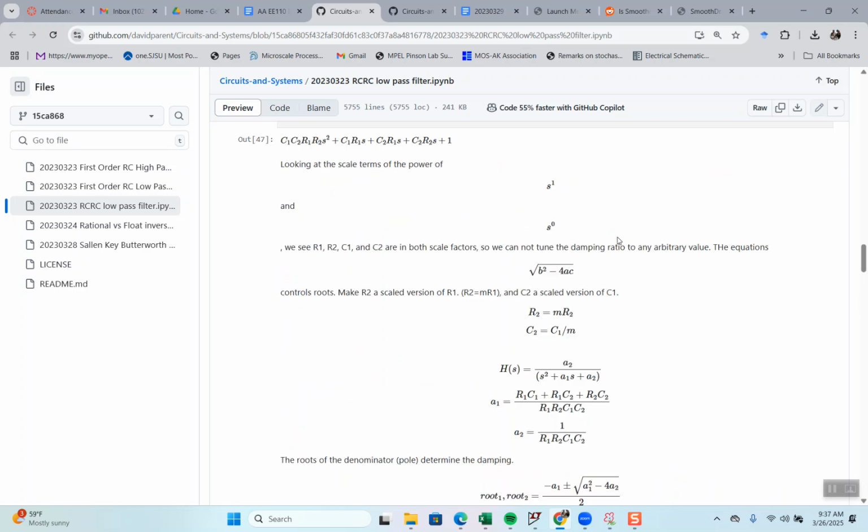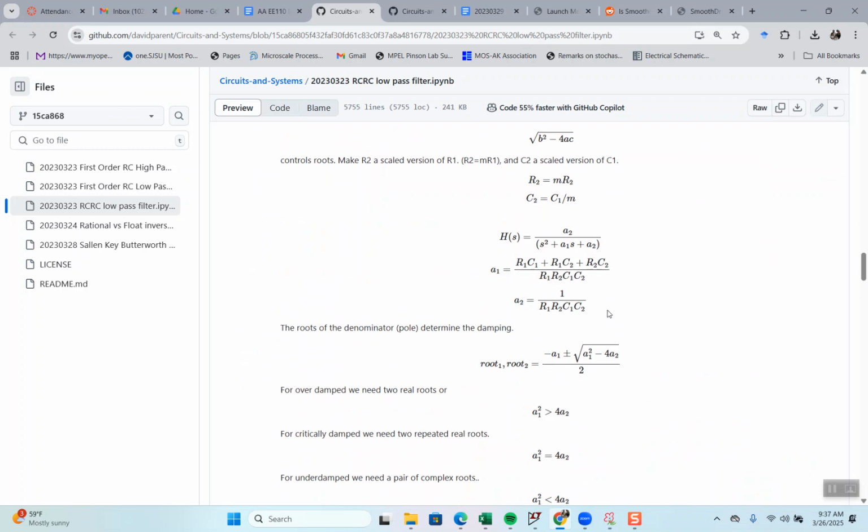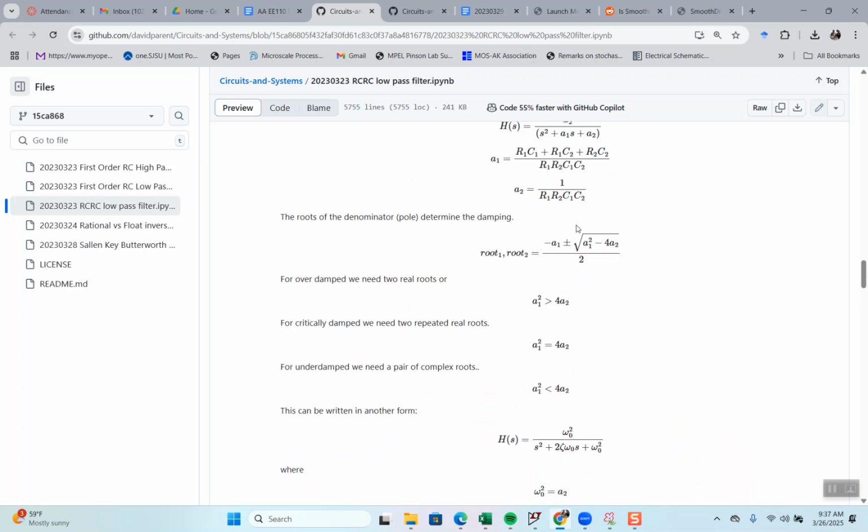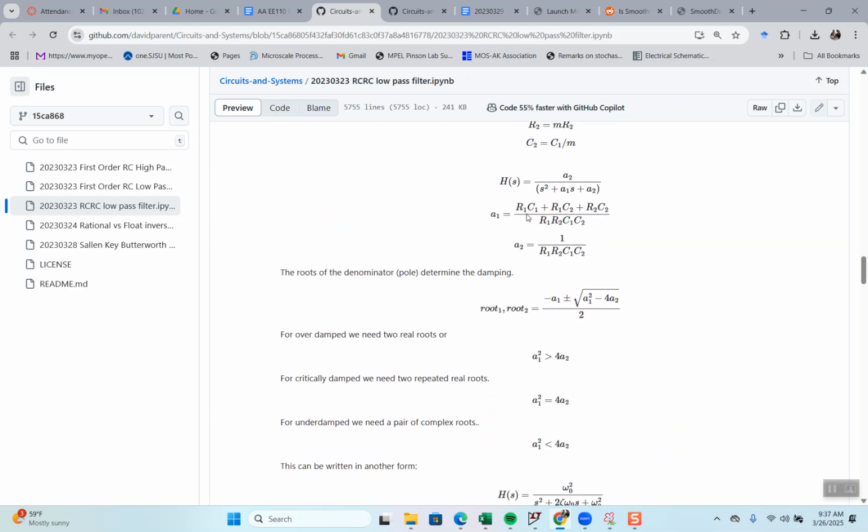I gotta look it up. These 3 terms are really A1. That term is really A2. And what happens is, notice in A1, R1C1 is there, C2 is there, and R2 is there. Notice in A2, all 4 terms are there.